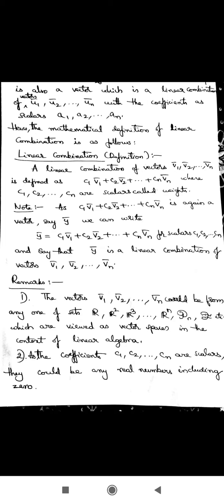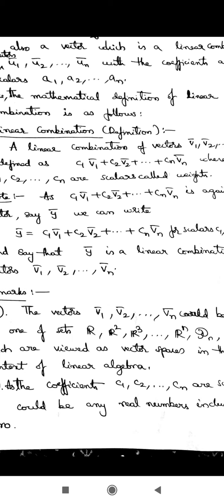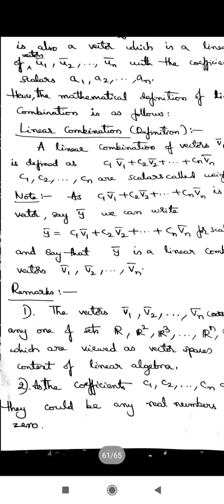I said that just now we have seen that c1, c2, so on cn, the scalars, are nothing but real numbers, and that is how they can have an infinite number of options. But what about the vectors?